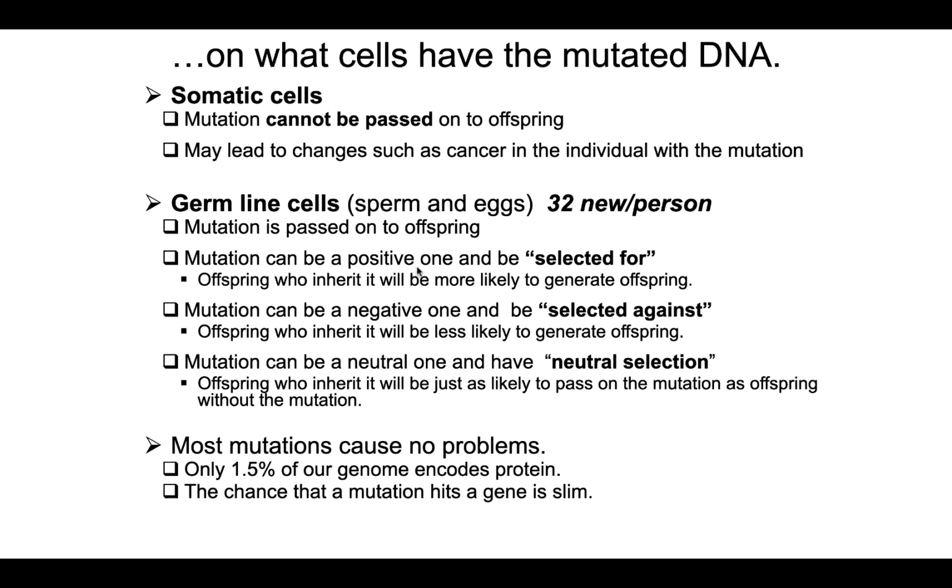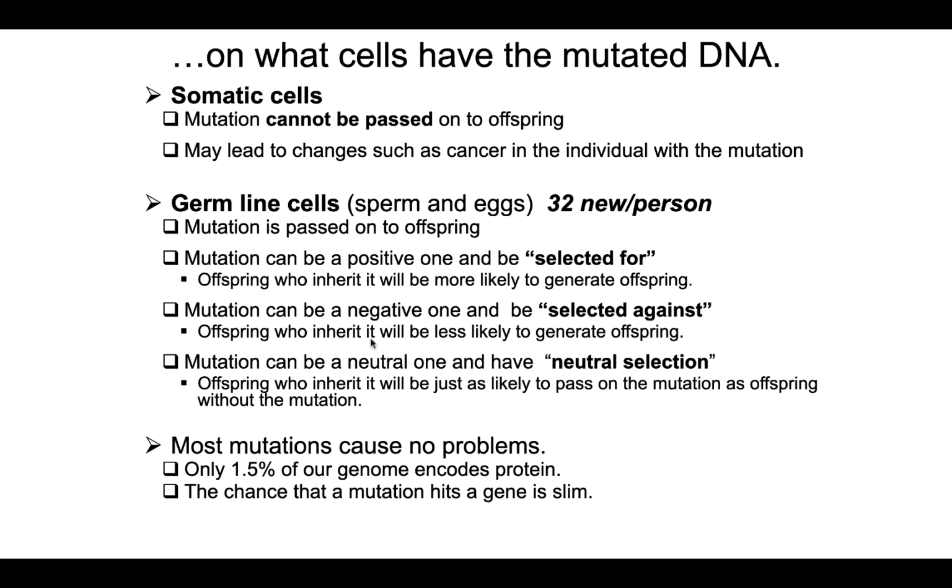Now, if that mutation causes an effect on a protein or something that leads to a new trait that is selected for in the current environment, then that'll be passed on more to more and to more offspring. If, however, that mutation is negative within the current environment, it would be selected against.